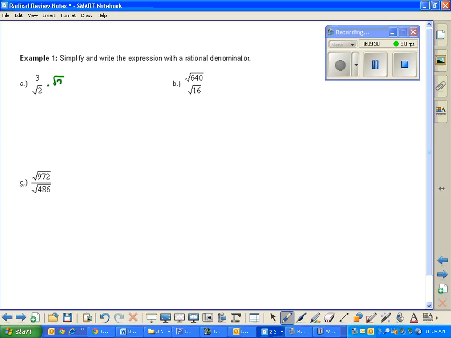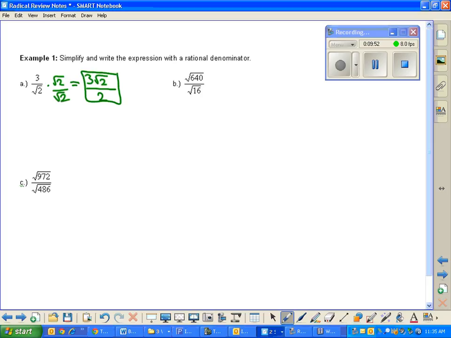Square root of 2 over square root of 2. It's just a factor of 1, guys. So if we multiply across the top, 3 square root of 2 over square root of 2 times square root of 2. Billy, what's square root of 2 times square root of 2? 2. That is our answer. Very good. All right.